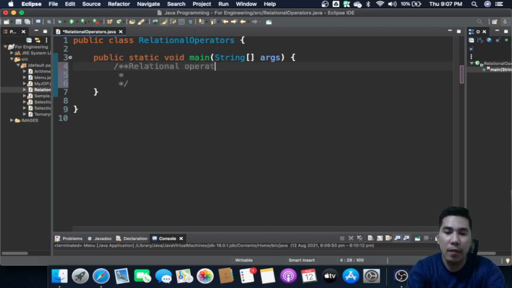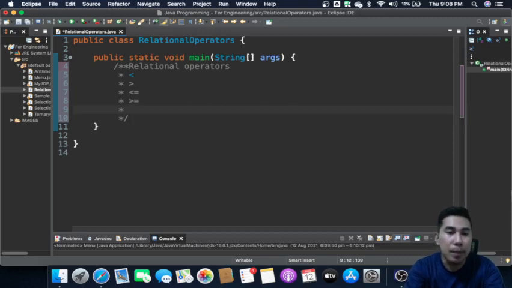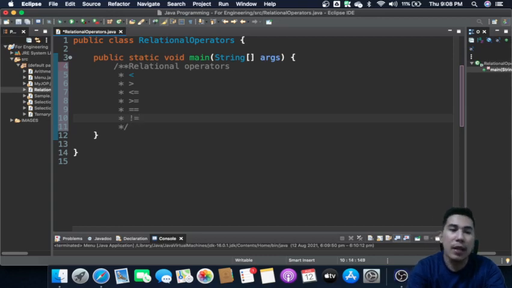Let's start with less than. We have greater than, less than or equal, greater than or equal, then we have equal, which is not the same as the equal assignment operator, and then we have not equal.